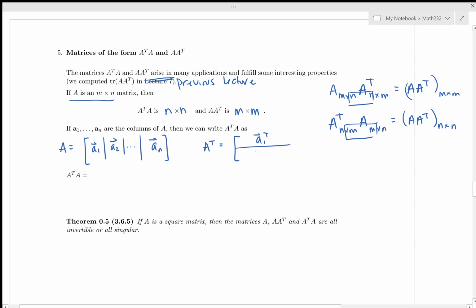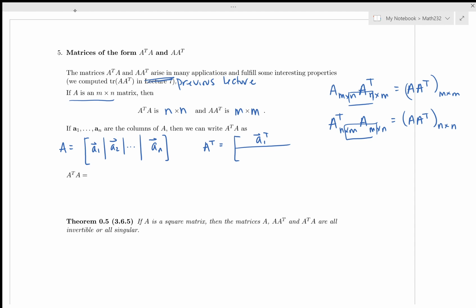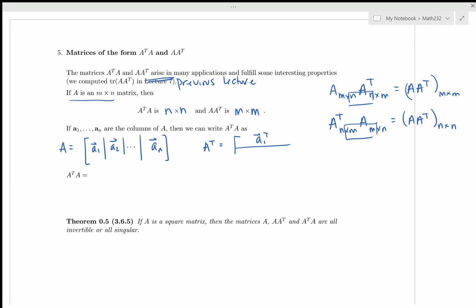I would take the transpose of that first column, the vector A1, and it would become the first row of A transpose. Then I would do the same thing for the next one, A2 transpose, which would be the next row, and I would go all the way down to AN transpose.